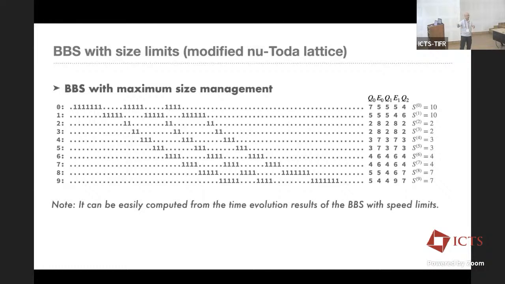Yes. Because actually, this is not the full information of the modified Toda. In the backstage, as some auxiliary variable exists, it remembers that in the first consecutive ones, one ball has been abandoned previously.